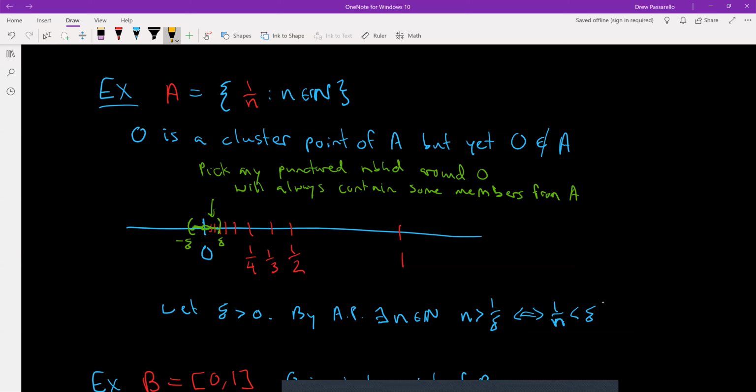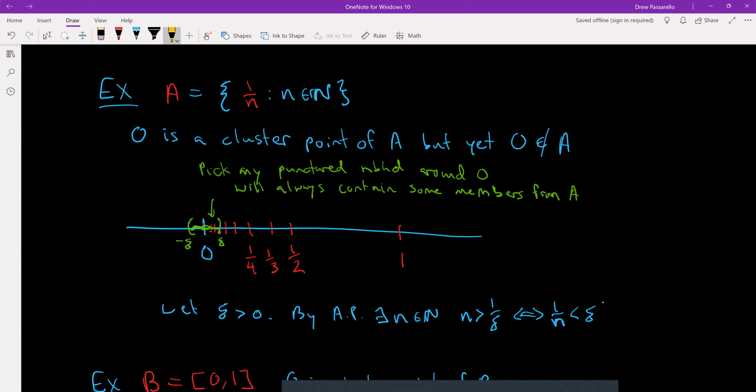So you have 0 plus delta and 0 minus delta, so delta and minus delta are the endpoints of the open interval. Between 0 and delta, there's always going to be a natural number n where 1 over n is less than delta, and that's because of the Archimedean principle.